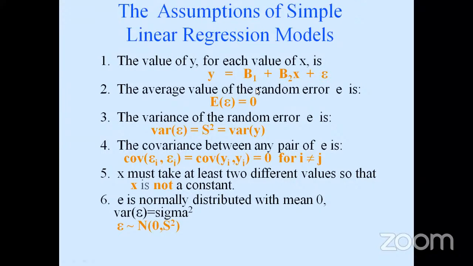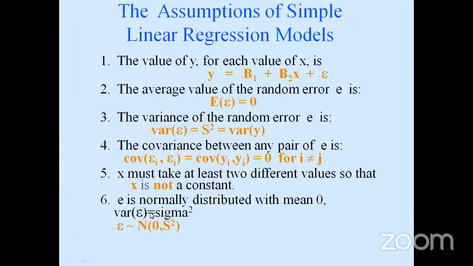The model won't be finished if we don't add this particular error term, and this error term has some rules. The expectation of this error term should be 0. That means the mean should be 0 and the variance should be constant, that is sigma square, and the covariance between any pair of e_i should be 0.